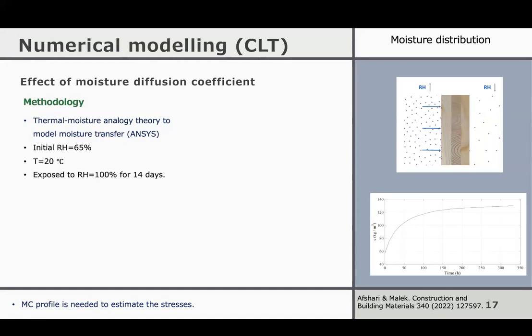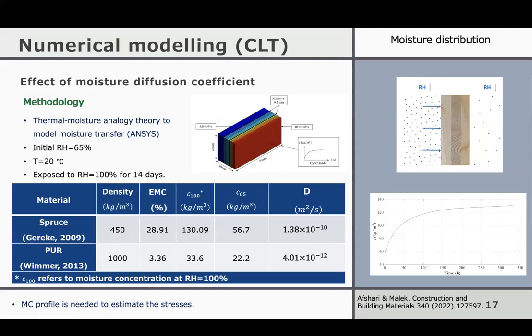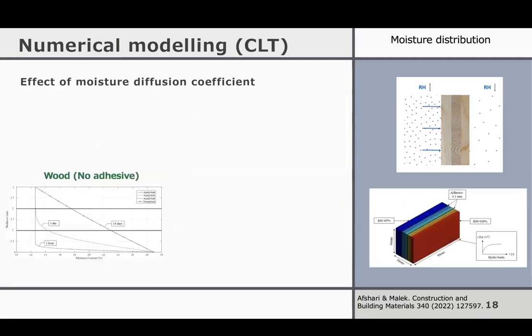For the modeling, we simulate the adhesives as a distinct layer of 0.1 millimeter. The red shows the higher relative humidity, so the humid outside, for example, and inside, like a regular indoor environment, a relative humidity of 65%. We use some inputs from the literature: diffusion coefficient, equilibrium moisture content for outside and inside, and the different densities for the spruce and the PUR adhesive we use for CLT.